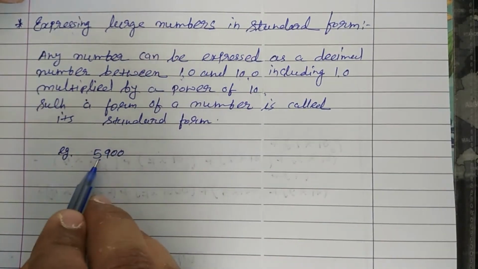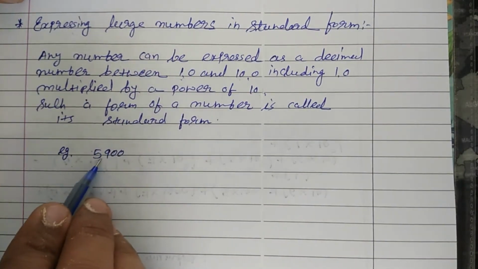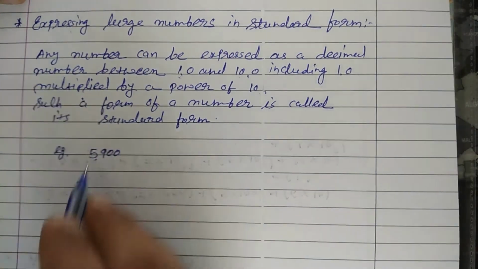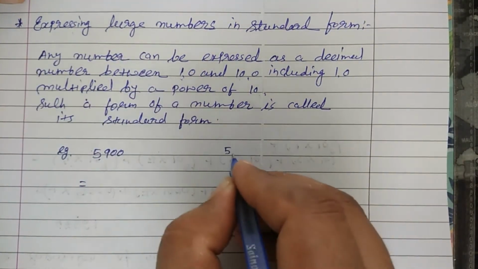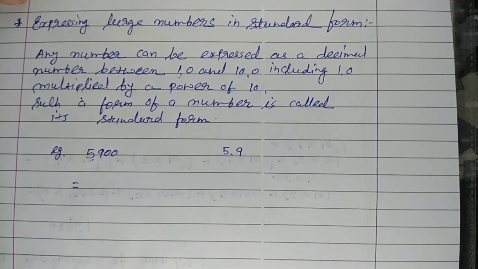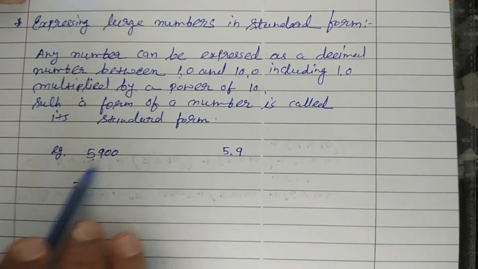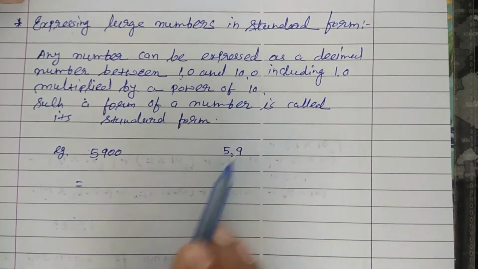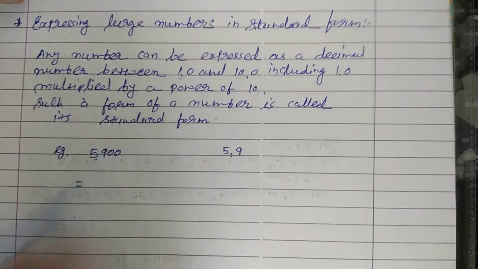That means here, after 5 or before 9, we have to put the decimal point. So we will get this kind of form, that is 5.9. This form we have to make from this number. This is between 1.0 and 10.0.